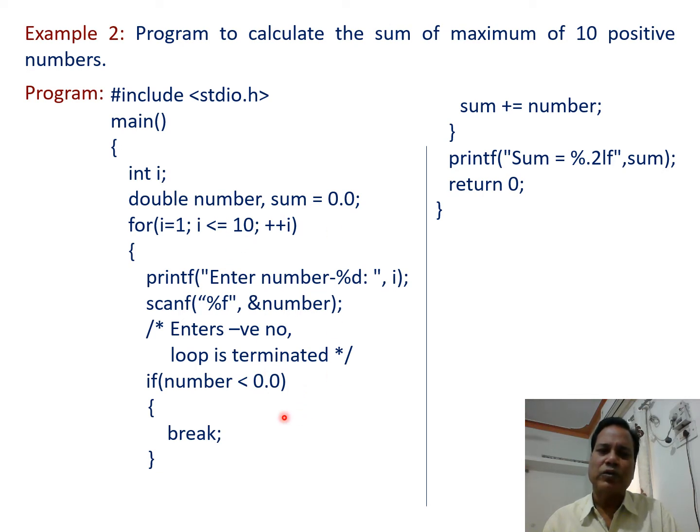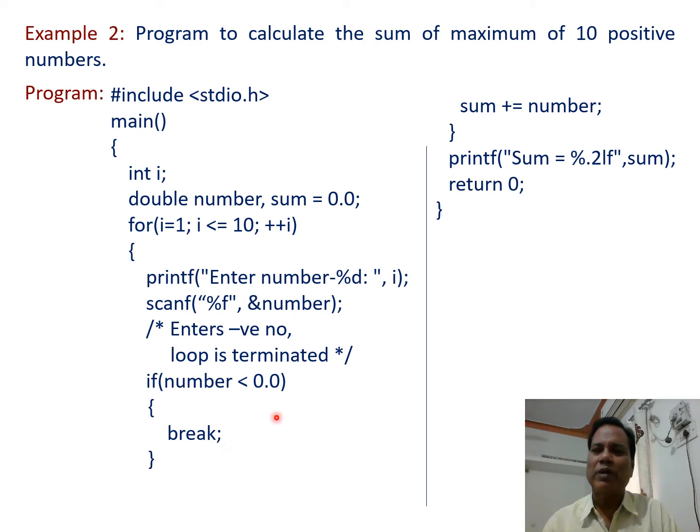Then also the condition number less than 0.0 is going to be true, and with the use of the break statement, control comes out of the for loop. So whenever we want, we can break the control and exit the for loop.